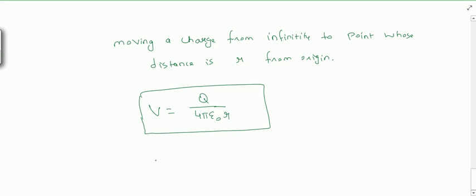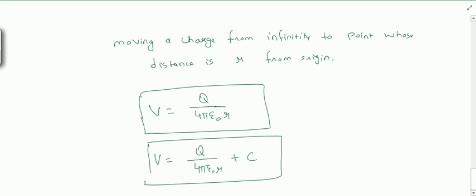If we have a reference point somewhere in the finite range, then this formula becomes q by 4 pi epsilon naught r plus c, where c will be calculated, or it will be given in the question sometimes, as the potential with the reference point. We will see that while we solve questions.